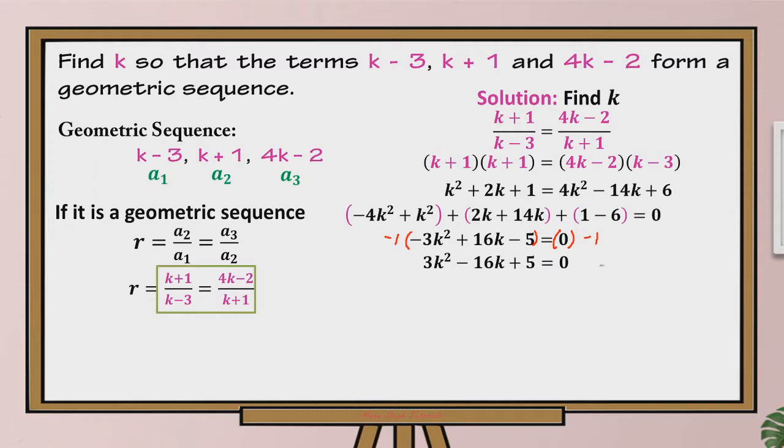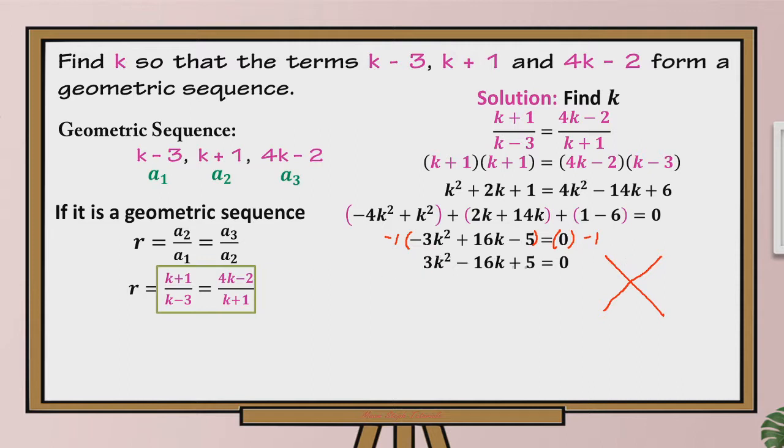So, sa diamond method, ay gagawa lang tayo ng malaking x. Okay? Tapos, sa upper part, ilalagay lang natin yung product ng coefficient A and C. So, yung coefficient A natin ay 3. Yung coefficient C naman natin ay 5.